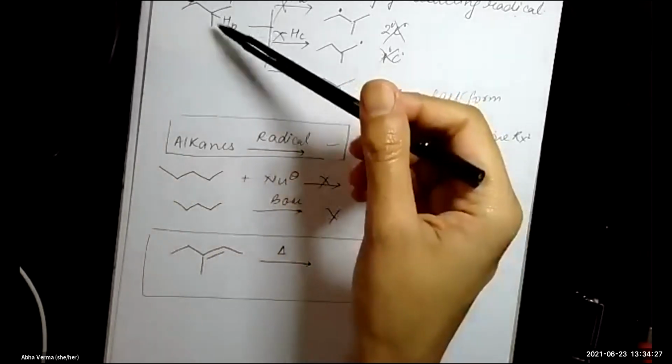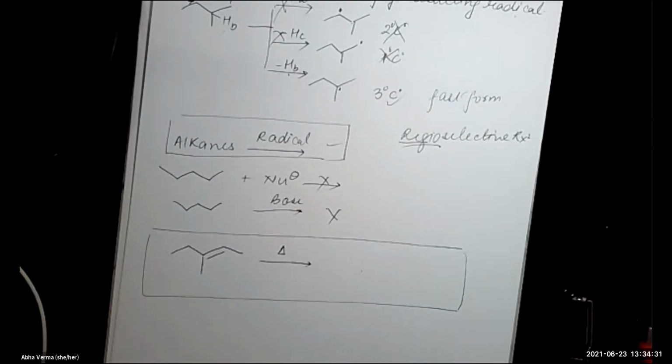Think about all the hydrogens, the different kinds of hydrogens on the structure. You can also label them HA, HP, or so on. Draw out all the possible radicals that will form if you take out that hydrogen.